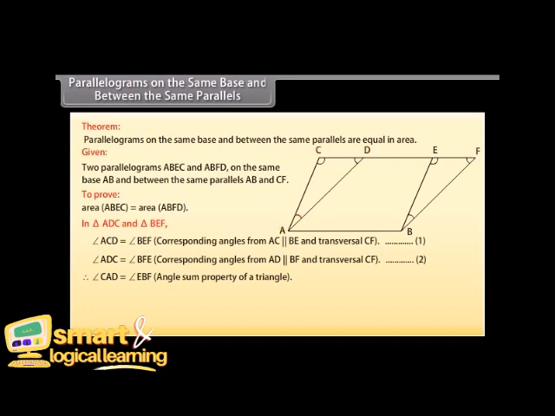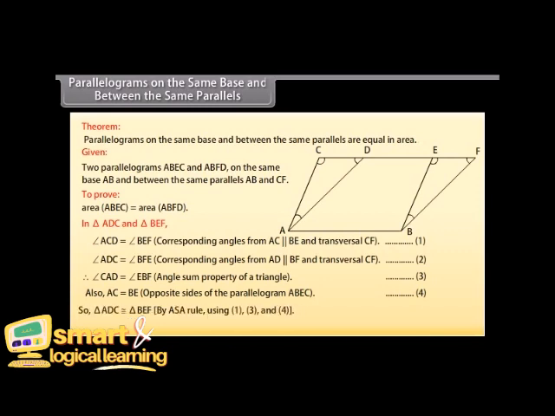Therefore, angle CAD is equal to angle EBF, angle sum property of a triangle. Mark it as 3. Also, AC is equal to BE, opposite sides of the parallelogram ABEC. Mark it as 4. So, triangle ADC is congruent to triangle BEF by ASA rule using 1, 3 and 4. Therefore, area of ADC is equal to area BEF because congruent figures have equal areas.